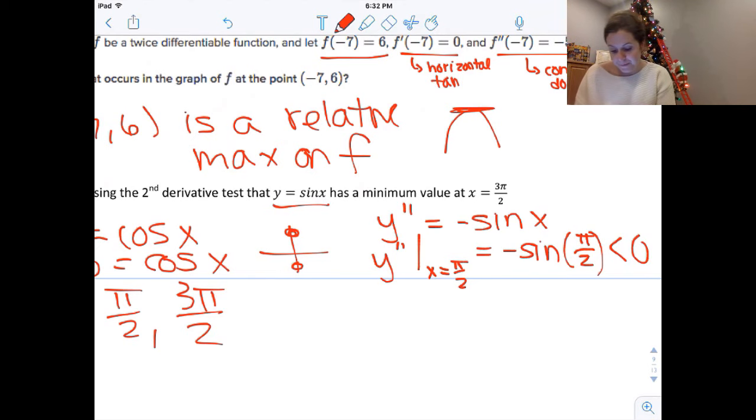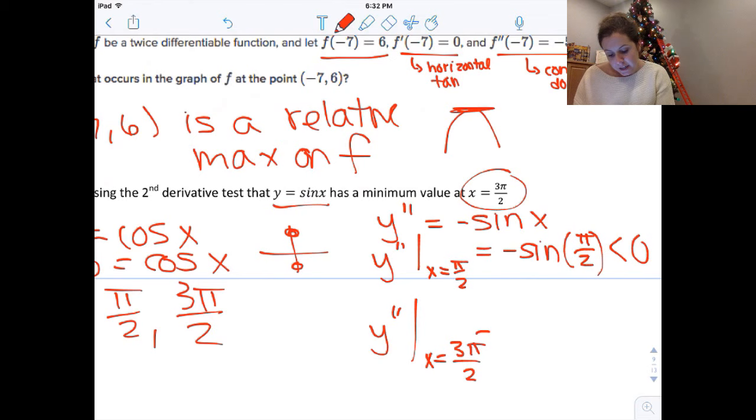And y double prime evaluated at x equals 3 pi over 2 is negative sine of 3 pi over 2, which is positive. Now that tells me that y is concave up there, which means we have a minimum.